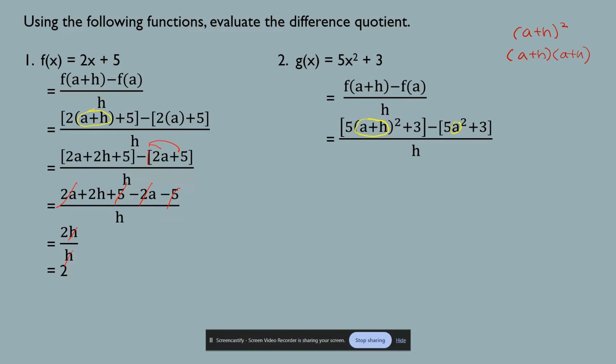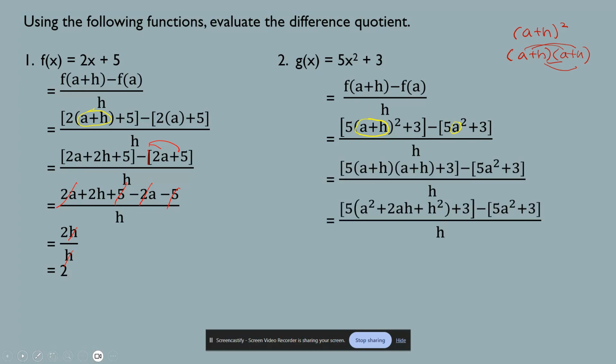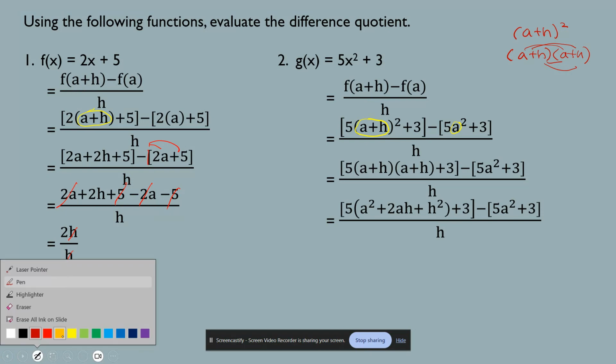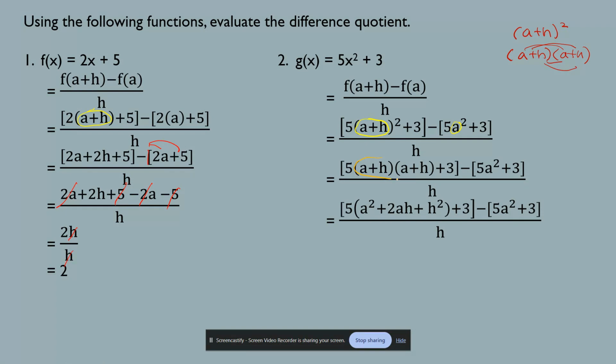Then you can use your perfect square formula if you want, or you can just make sure you distribute like so. So if you do that, you'll end up getting a squared plus 2ah plus h squared. So if you're double distributing, so you're foiling this part, this is what you end up getting.